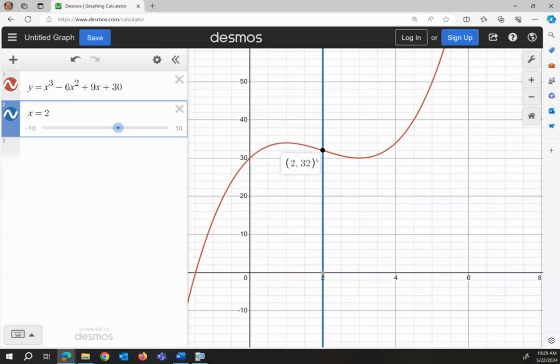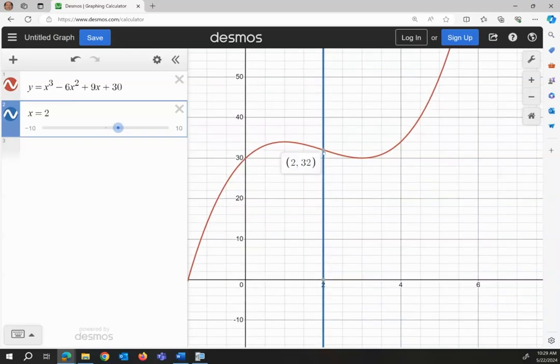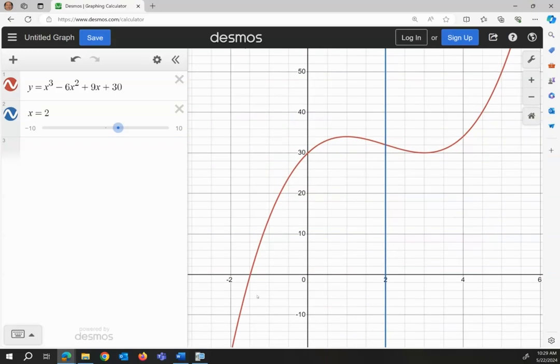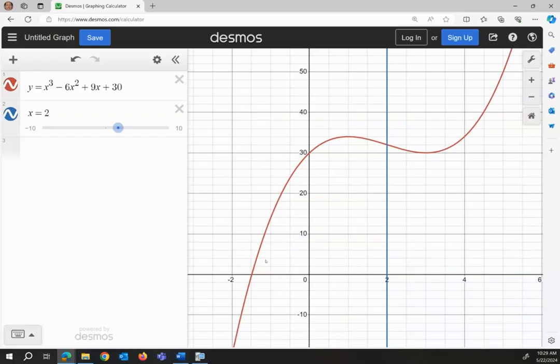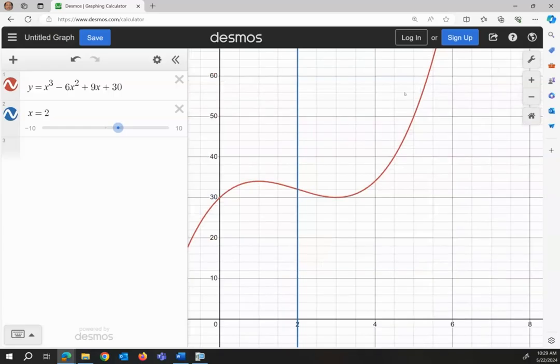Now the general idea is, this part was concave down. It was increasing and decreasing, but this entire zone we consider concave down. The curvature is in the negatives. Here, the curvature is in the positives.